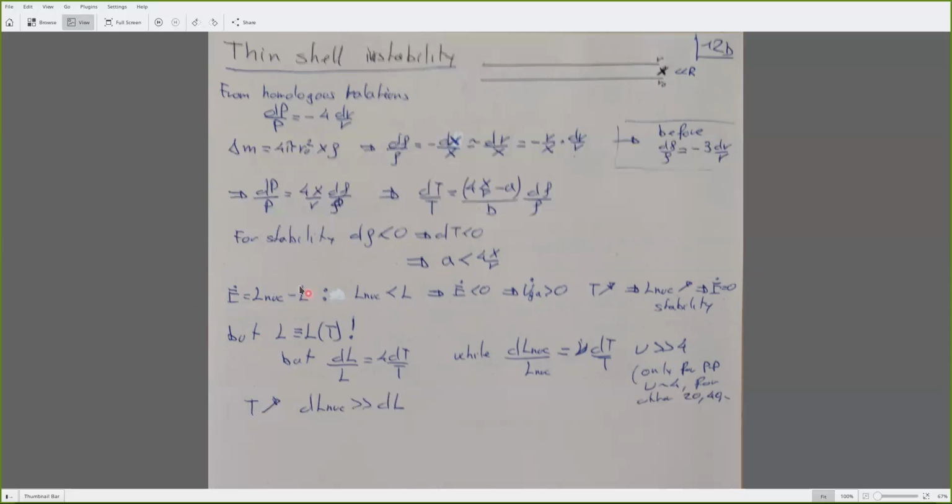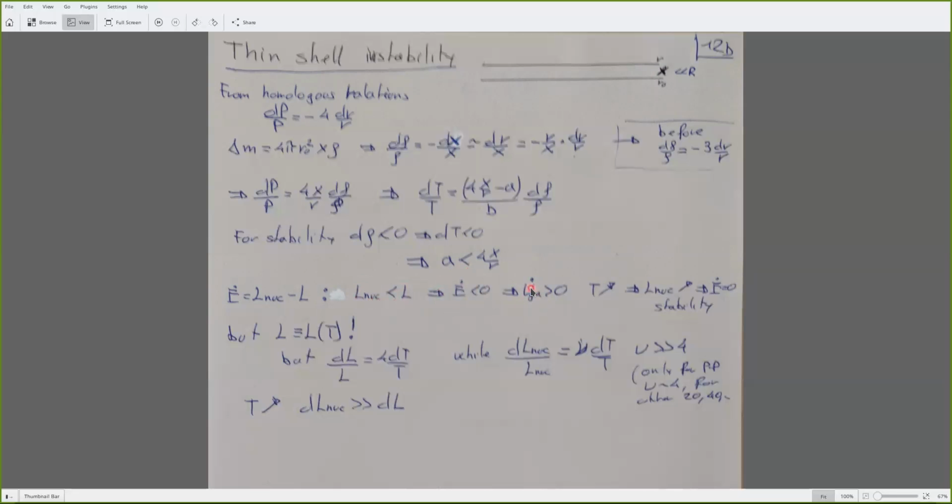We have this situation for the energy, as I remember. Also remember that even if it seems strange, if the nuclear luminosity is less than the total luminosity, so we are losing energy, the total energy will decrease, will be more negative.